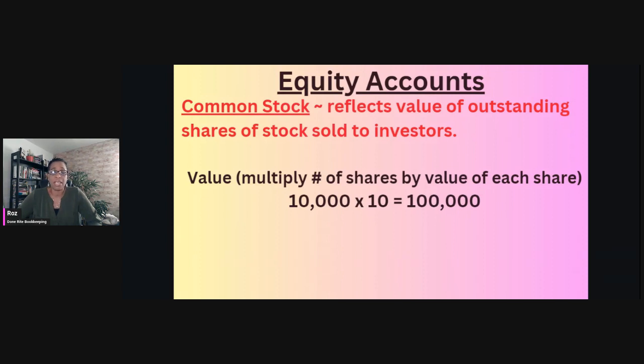They're considered an investor. So what does this boil down to? The value. So multiply the number of shares by the value of each share. Let's say, for example, and this is only an example, that there's a corporation that has 10,000 shares at $10 each. That will be $100,000 in value. Okay, in value. So that's how they determine that.